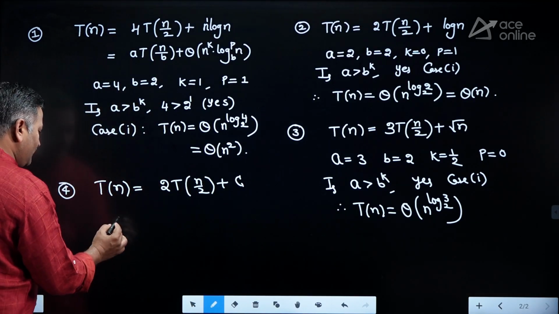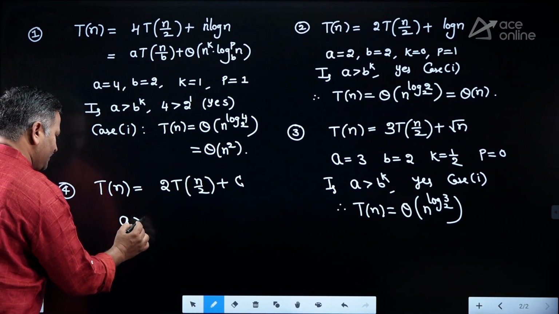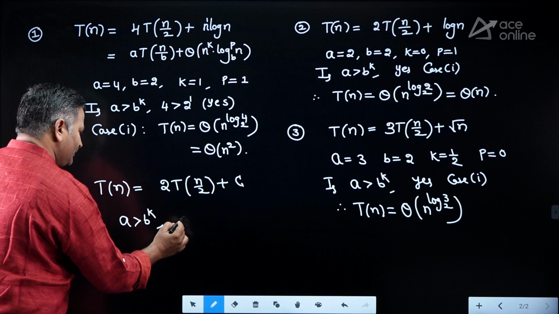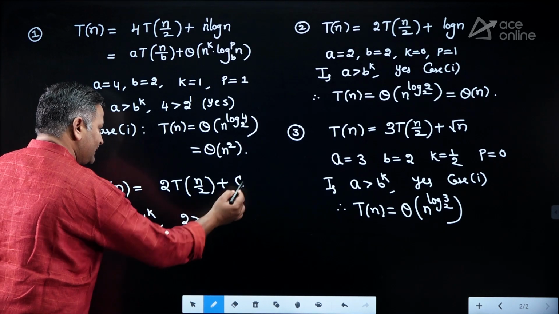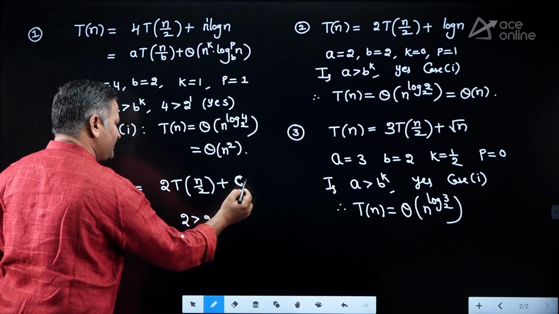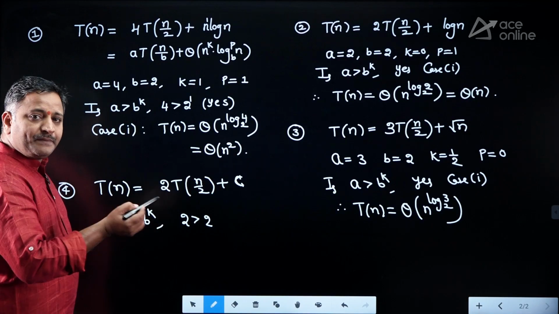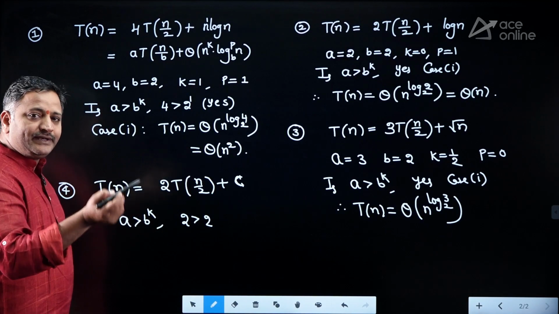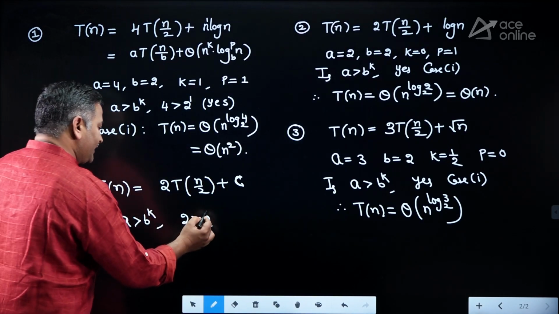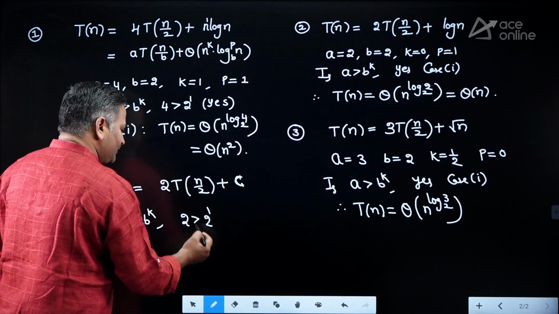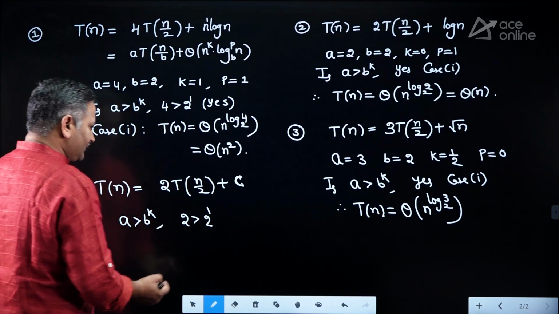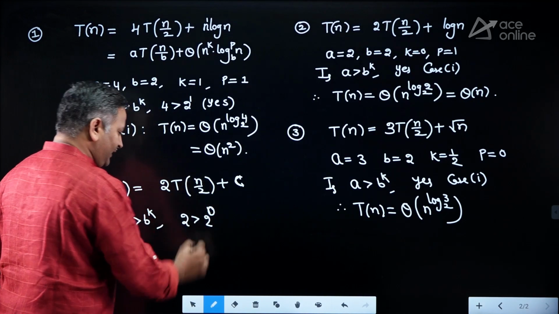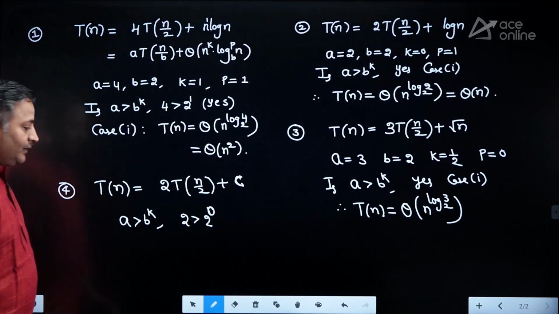So verify whether a is greater than b to the power of k or not. A constant means we can write n power 0, log power 0. So k value is 0, p value is 0. Is a greater than b power of k? So 2 greater than 2 to the power of 1. Sorry for the mistake, 2 greater than 2 power 0. Yes, it is true.